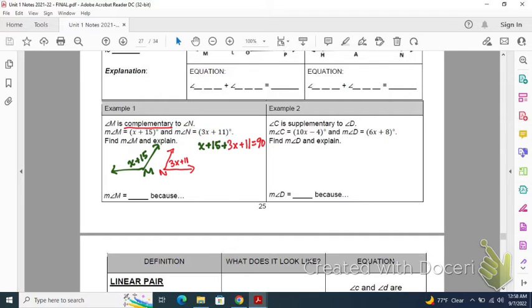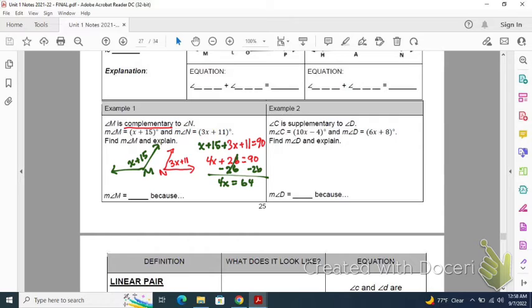Combine like terms, you get 4x plus 26 equals 90. Subtract 26 from both sides. You end up with 4x is equal to 64, I believe.